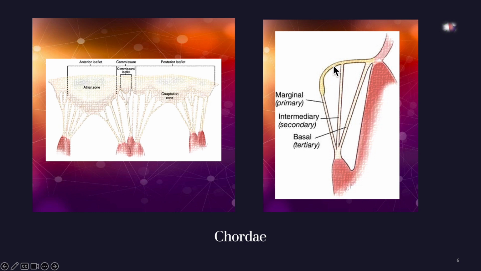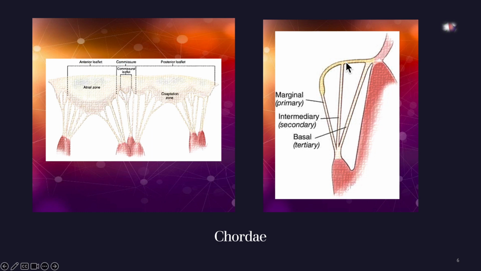Then there is a clear zone in the valve, where no structure is attached. Then this is the rough zone of the valve leaflet, where the secondary chordae tend to attach.